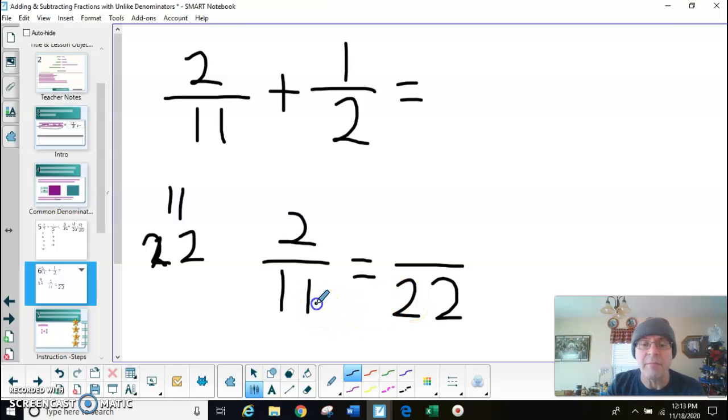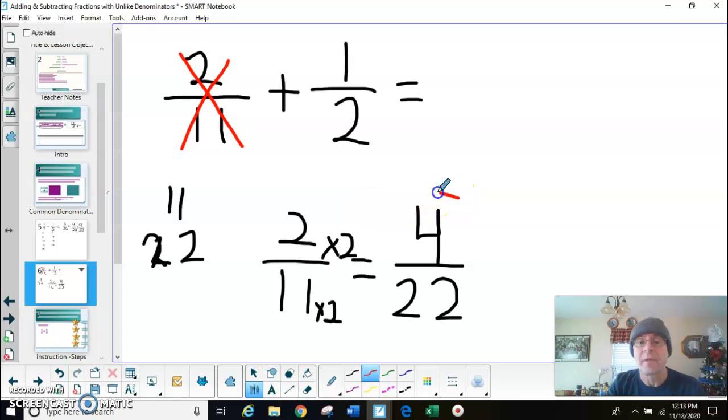Well, we times 11 by 2 to get 22. So we have to times the top number by 2 also. So 2/11ths is equal to 4 22nds. All right? Keep that in mind. Now, we've got that one taken care of right here.